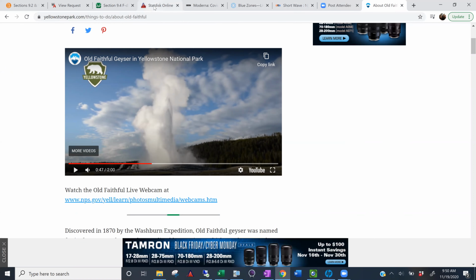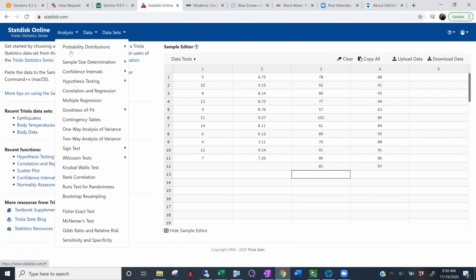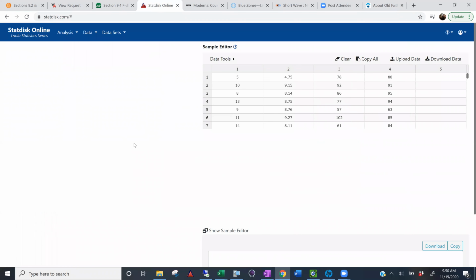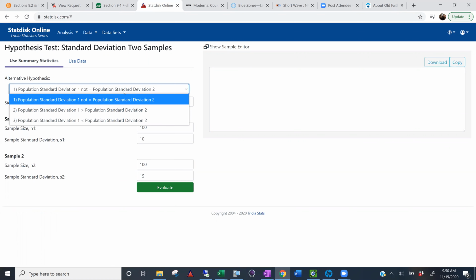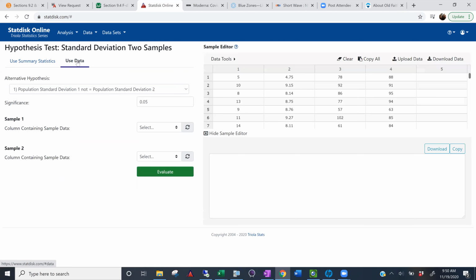Let's see, Statistic. We've got our data. So we'll go to analysis, hypothesis testing, standard deviation, 2 samples. And our alternative hypothesis is good. Oh, we need to change something though. What is it that we need to change? Use data.